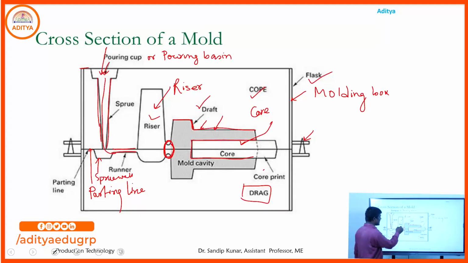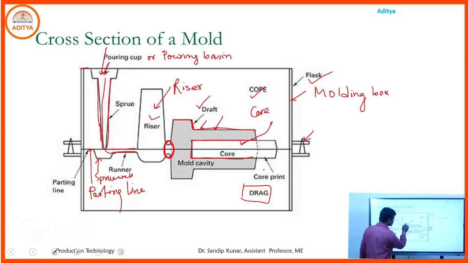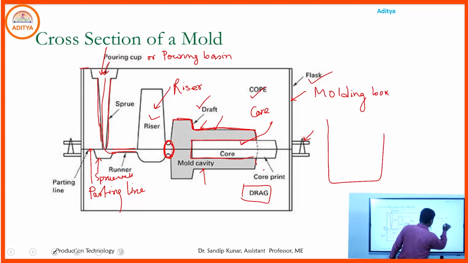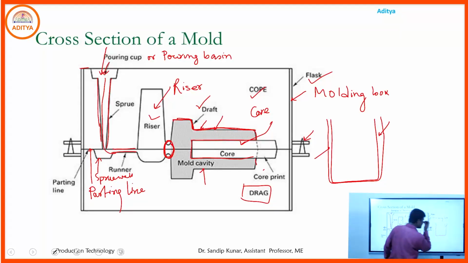If we see that picture, after creation of the particular mold cavity shape, the metal takes the shape of the mold cavity. After solidification, that type of shape will be created, which means extra voids will be created.